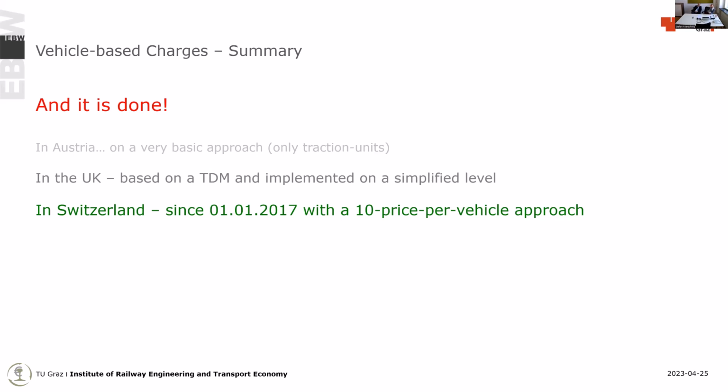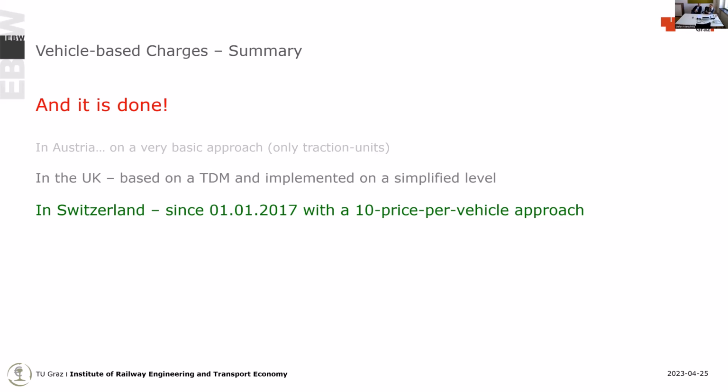Who is providing those specific data for the vehicles? In Switzerland, it is the train operating company itself. It does not deliver those data to the infrastructure manager. The infrastructure manager provides a platform where you have the calculation in, and the train operating companies price in their own vehicle. There is simply a check on that.